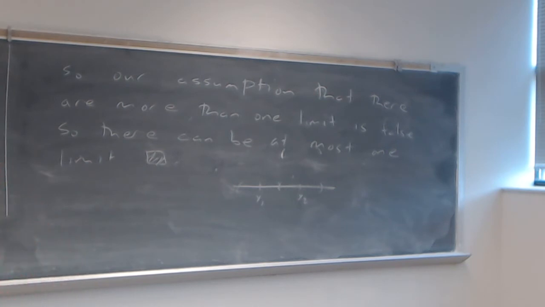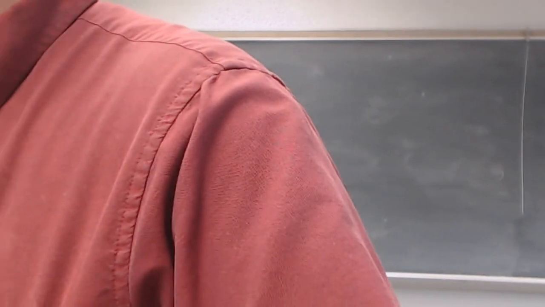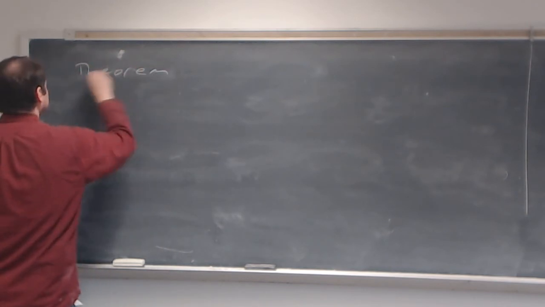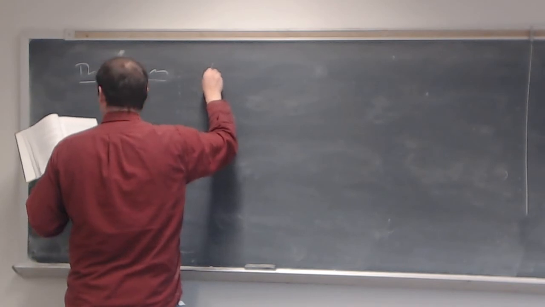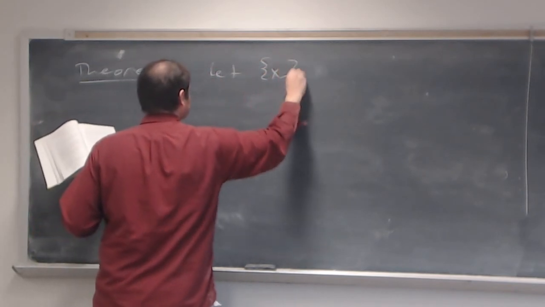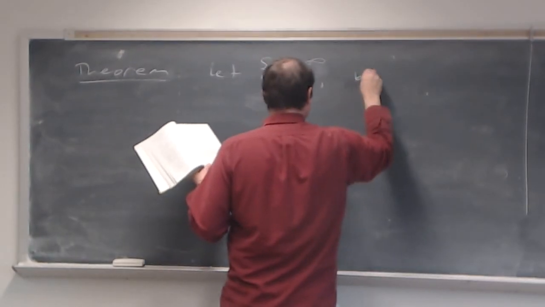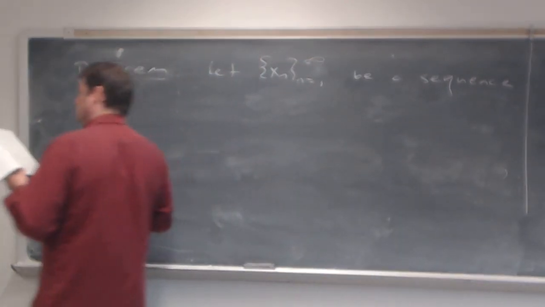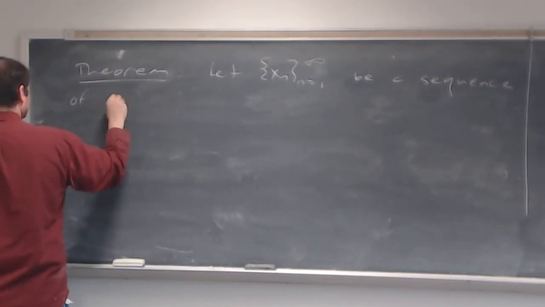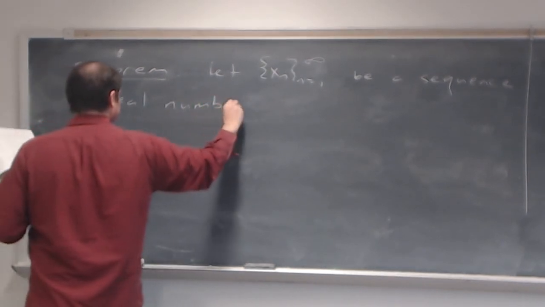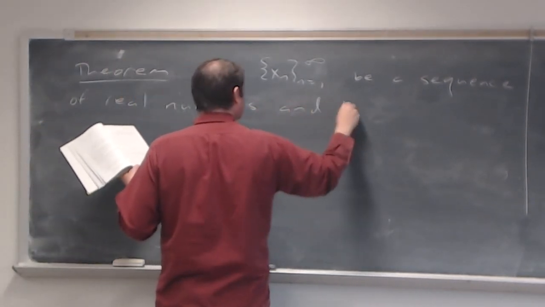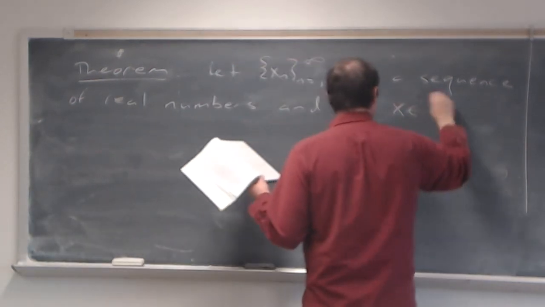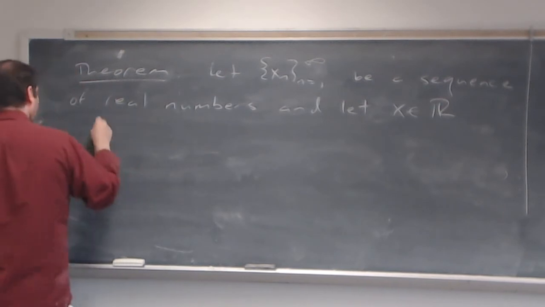It's a statement that says the following characteristics are equivalent. So here's what it says. Let x of n be a sequence of real numbers and let x be an element of R. Then the following statements are equivalent.